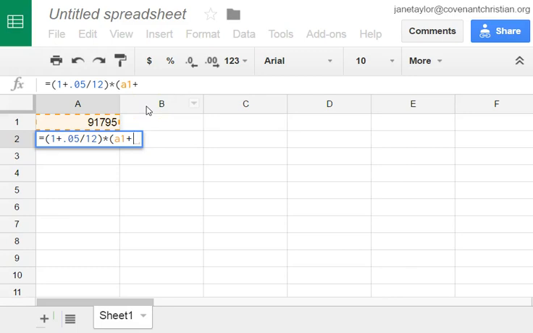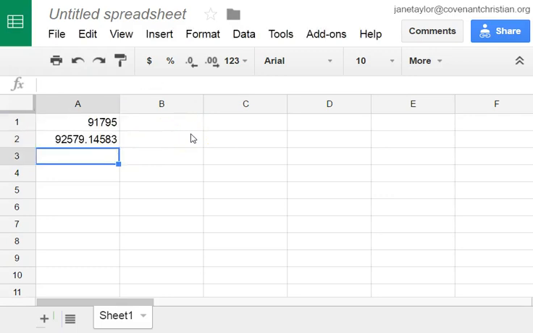Okay, so there's the A1. Notice it's in orange and this is in orange. That's the number that A1 is, plus 400. And close the parentheses and push enter.